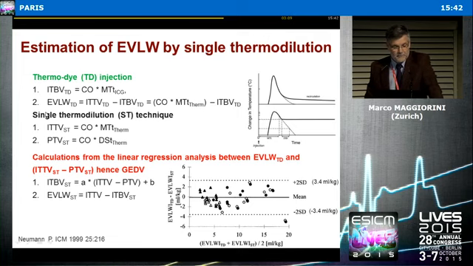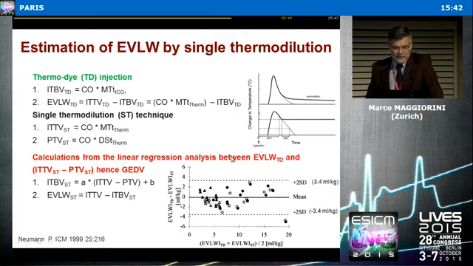Then he said, I have the single thermodilution technique. If I just use cold water as the indicator to calculate extravascular lung water, then I have to do the following. I have the intrathoracic thermal volume content of the thorax and the pulmonary thermal volume content of the thorax, which are given by the formulas that I just mentioned.